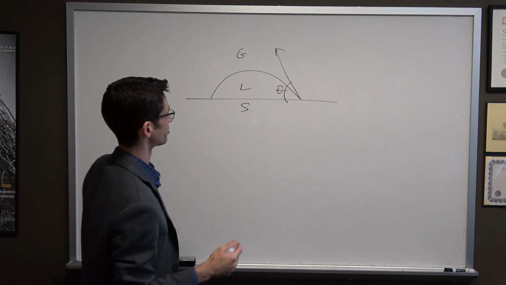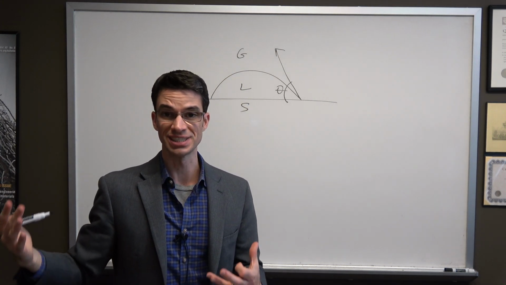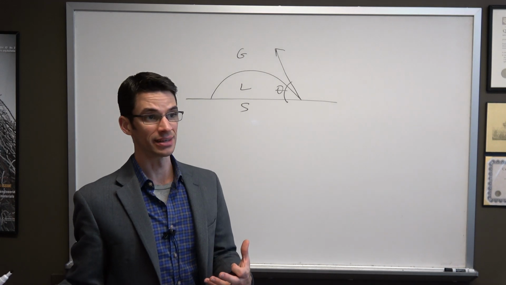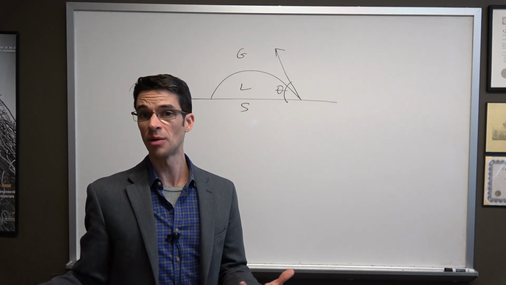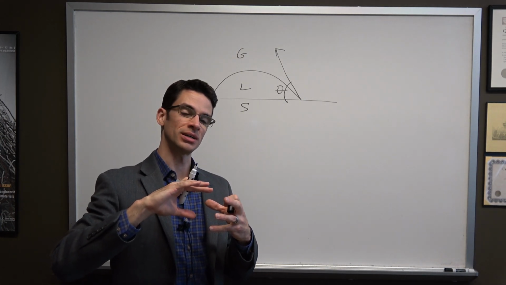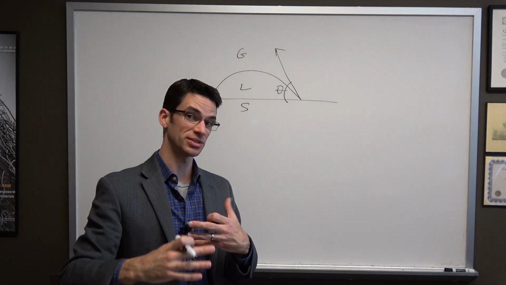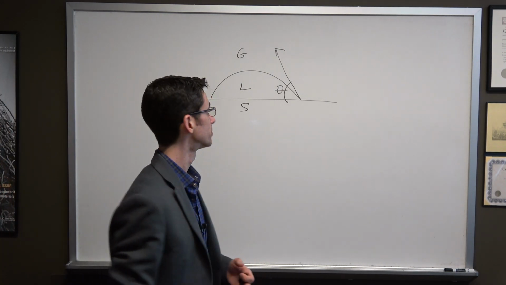So we have three different interfaces: solid liquid, liquid gas, which is also known as the surface tension. It's probably the value that we can just look up most readily, because it's just the value of the surface tension or surface free energy of a liquid with vacuum or air.